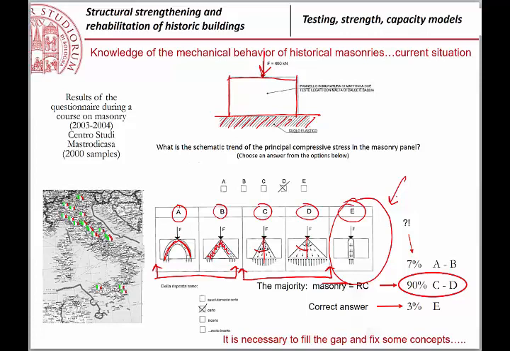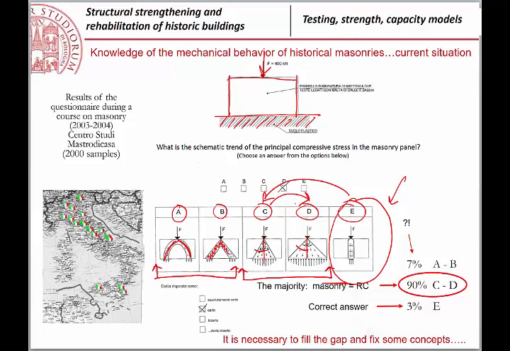If the quality of the mortar is better, then you go from E to the case C, then you go to the case D, depending on the quality of the masonry, which is better and better. Okay? So the angle of amplitude of the distribution depends on the quality of the mortar. Of course, the greater the angle, the better is the capacity of the masonry to distribute concentrated loadings.